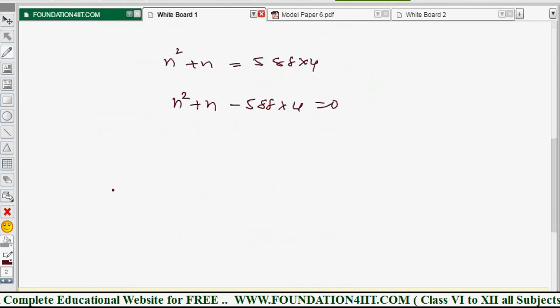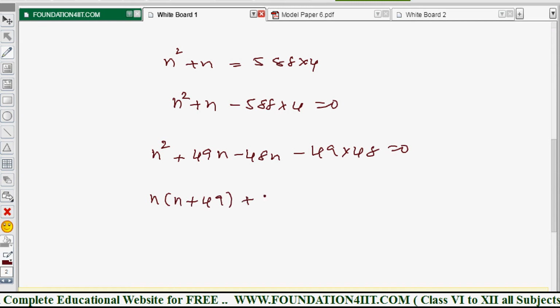Now this is a quadratic equation in terms of n. So n square plus n, you should split into two parts. You can write 49n minus 48n. This 588 into 4 is nothing but 49 into 48, equal to 0. If we take n common, n into n plus 49, minus 48 common, n plus 49 is 0.